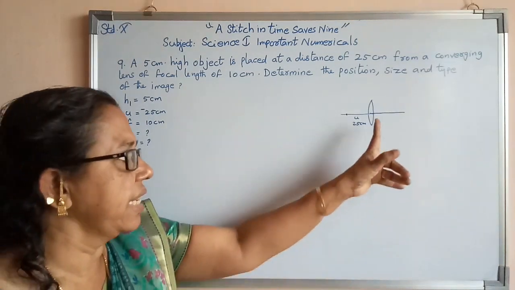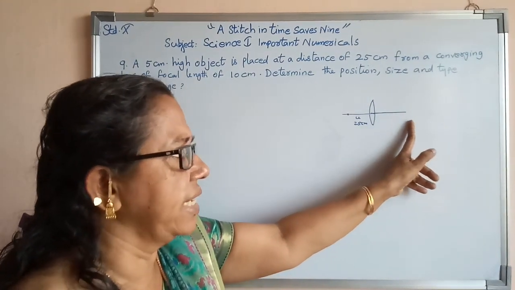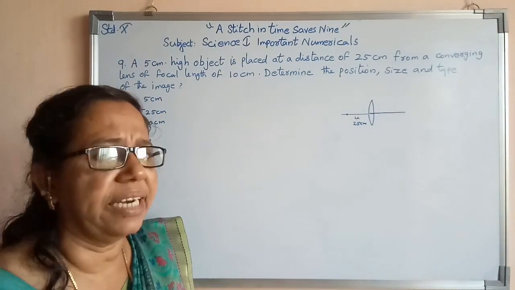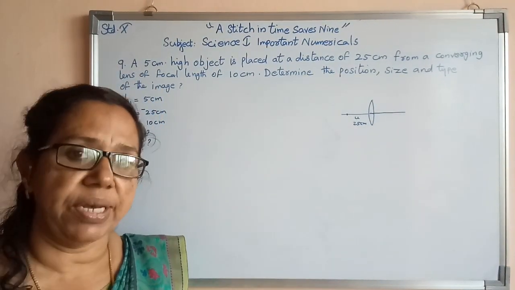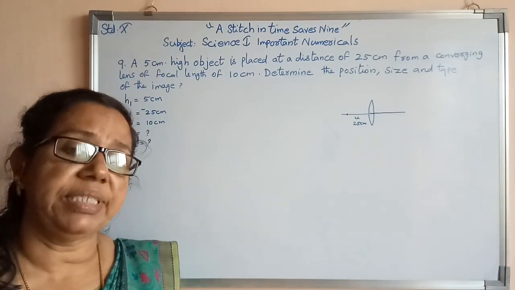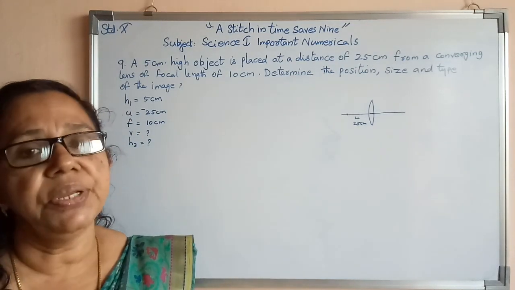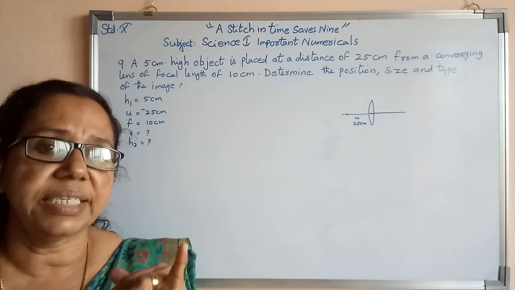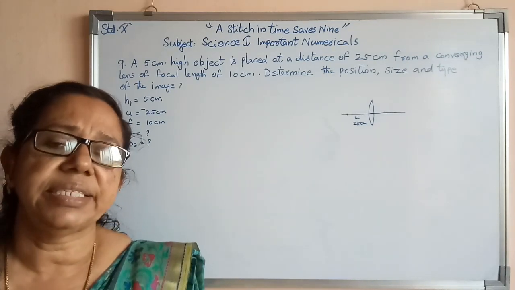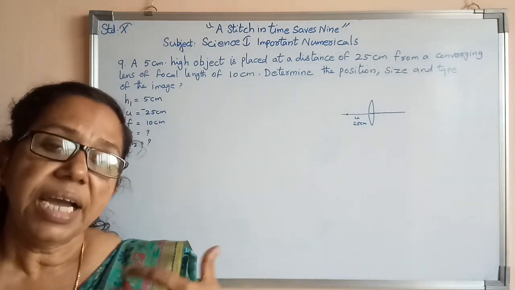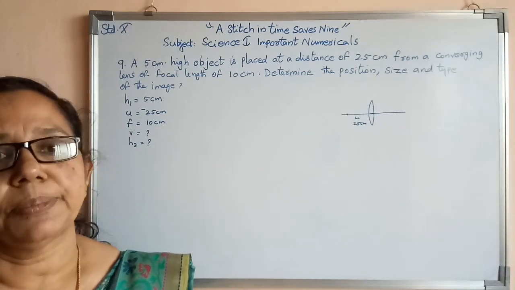So we can say that if the image is forming on this side, the right side, you will get a positive value. If you are getting a positive image distance, then you can write that it is a real image and an inverted image. The height you have to find out separately.